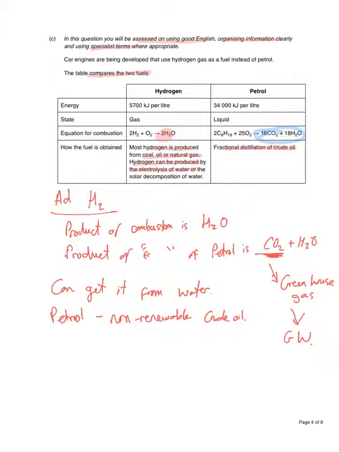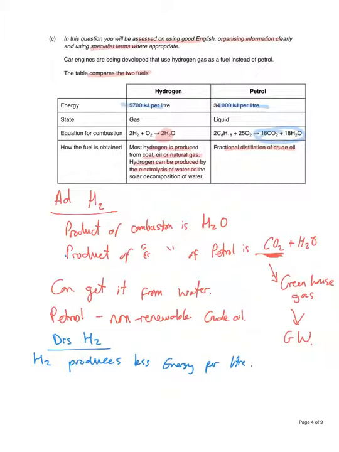So now we're going to go to the disadvantages of hydrogen and the benefits of petrol. So we're going back to evidence again from the piece of information you've been given, that hydrogen produces less energy per litre.